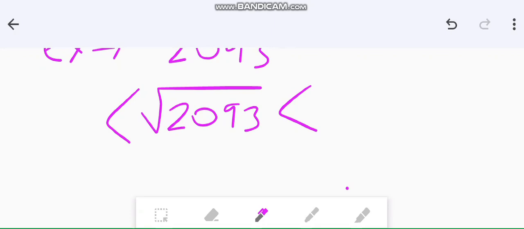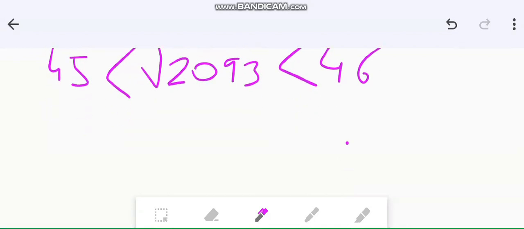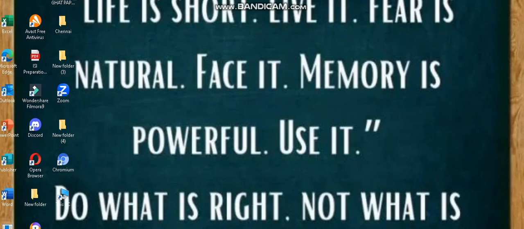So if you find the root, it will range between 45 and 46. Now we need to write all the primes from 2, 3, 5 and so on, up till 46.